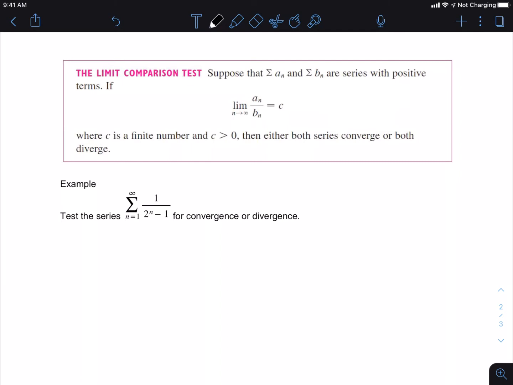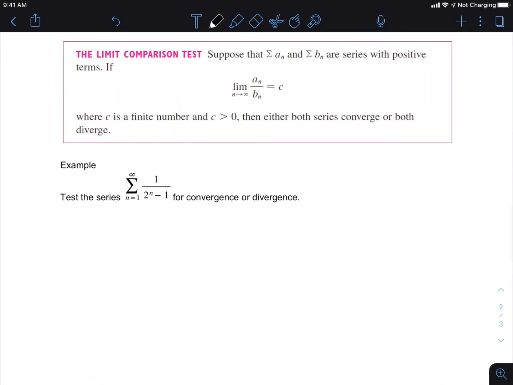So let's look at it. And again, it's comparison, so we're going to be basing it off of something that we know. So if we know one converges, then the other one's going to have to converge. If I know the other one diverges, then the one that we have has to diverge. So in this example, we've already kind of worked this one out. I know my a sub n is going to be 1 over 2 to the n minus 1. So my b sub n is going to be 1 over 2 to the n.